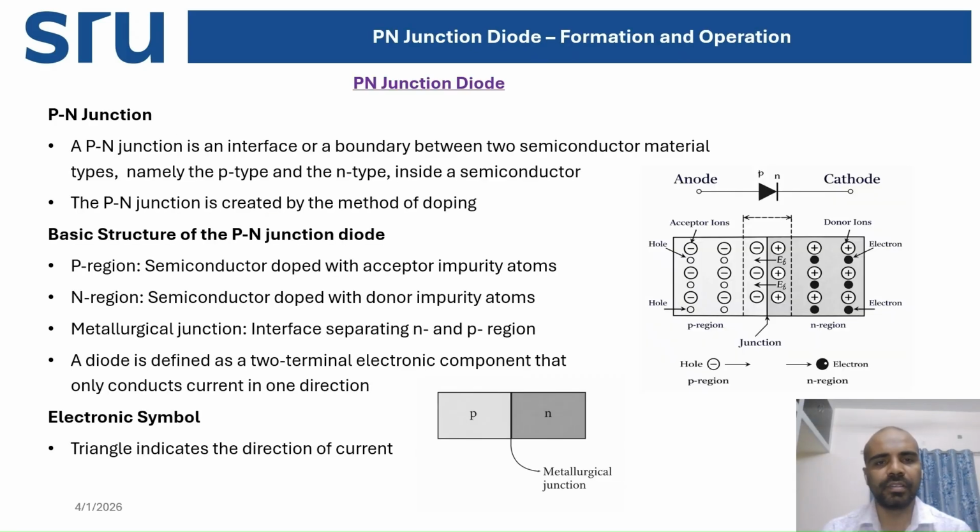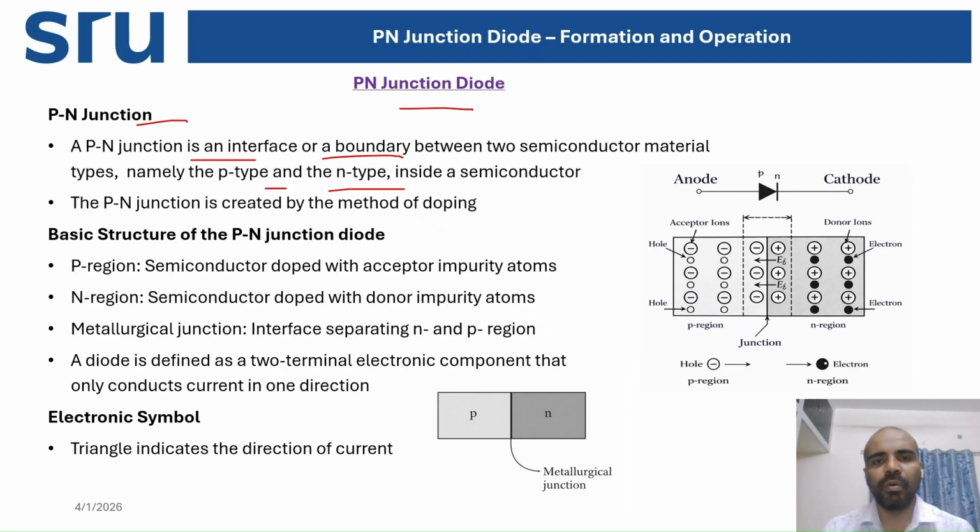Junction diode. So what is a PN junction? Let's start the discussion. A PN junction is an interface or a boundary made of two different types of extrinsic semiconductors, that is p-type semiconductor and n-type semiconductor.